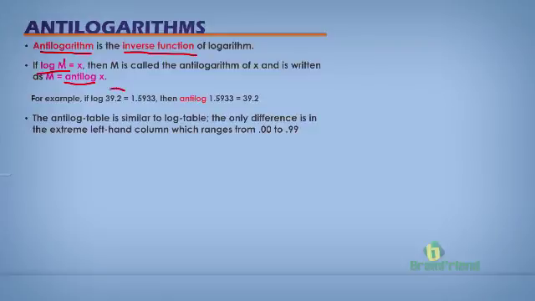We have the log of 39.2 to have a value of 1.5933. To get our value 39.2 back, we would simply take the antilogarithm of 1.5933. So the antilogarithm of 1.5933 would give us our value back, 39.2.